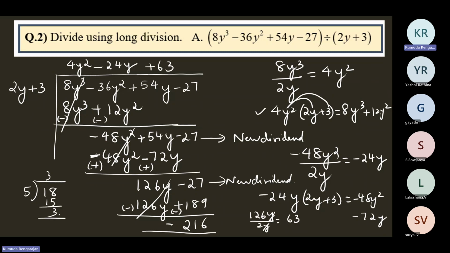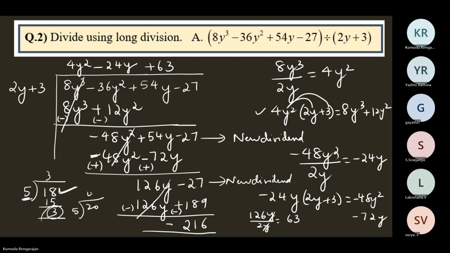So since the remainder is not 0, 18 is not a multiple of 5. Or we can also say that 5 is not a factor of 18, because the remainder is not 0.